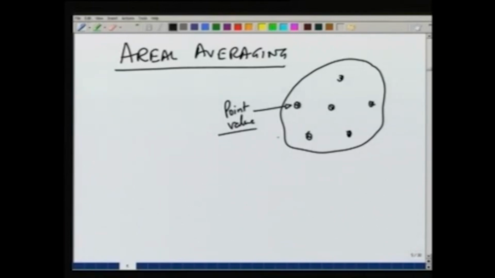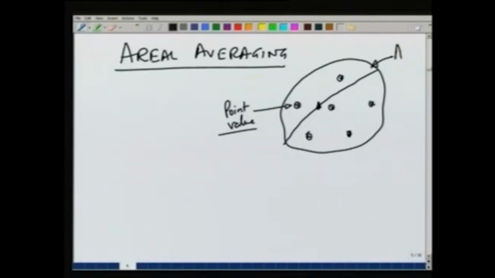And most of the time we would be interested in finding out the areal average. So, over this area, this may be, if there is a river flowing, the catchment area of the river, or it may be some other area, but we are interested in finding out the average depth of precipitation over the area, so that we can get the volume of water generated by that precipitation.